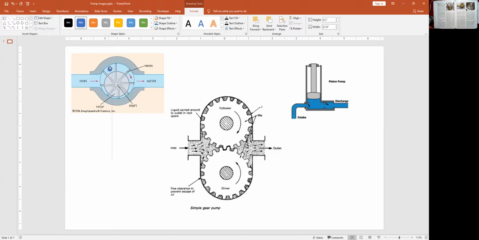It scoops up some liquid hydraulic oil and then pushes that hydraulic oil down the cavity until it creates a high pressure zone here at the outlet and squishes the hydraulic oil out the outlet. So it sucks it into the inlet, around the top, and squishes it out the outlet. That's a vane pump.